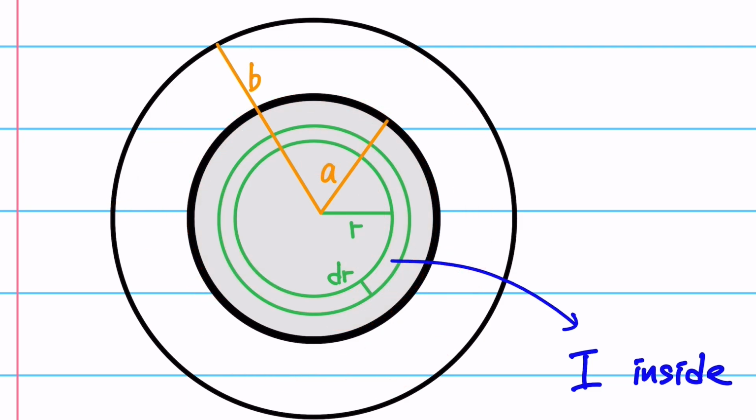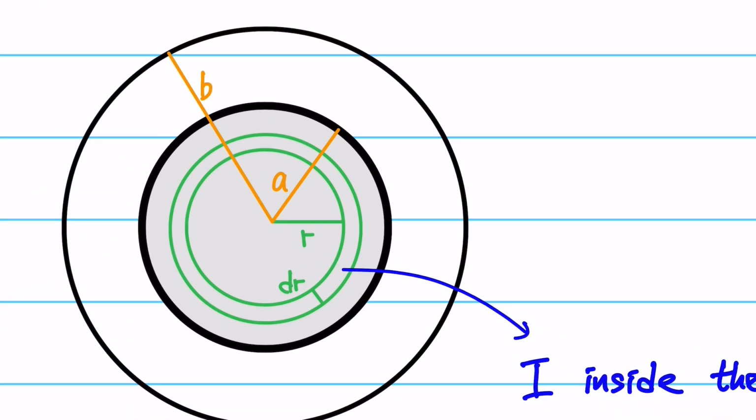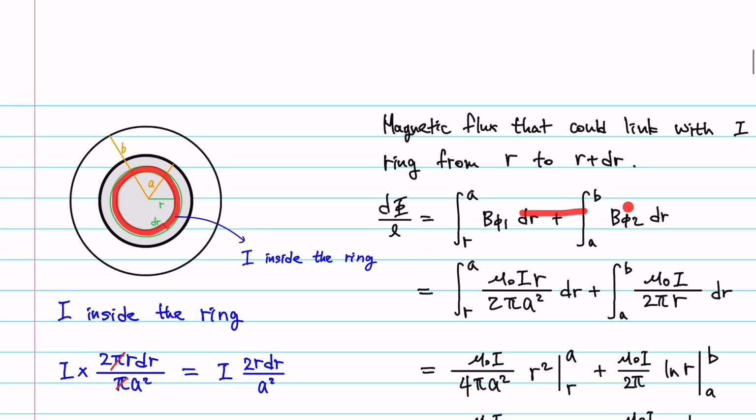And so we need to figure out the flux linking with the current flowing in this ring. Okay, so this is how we're going to do it.